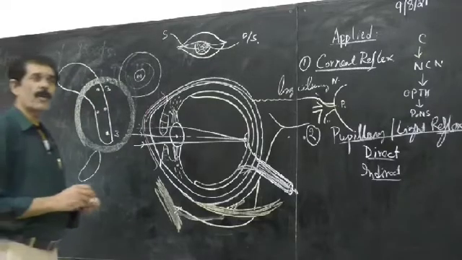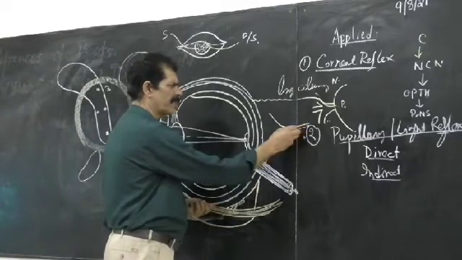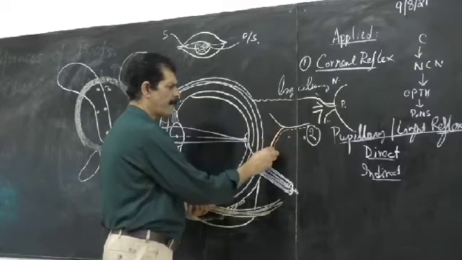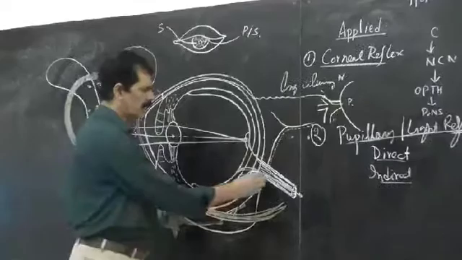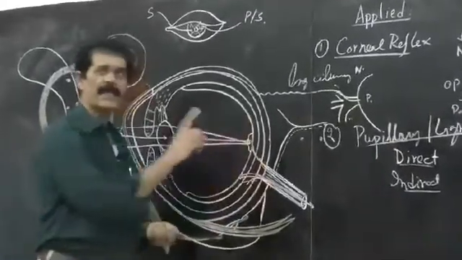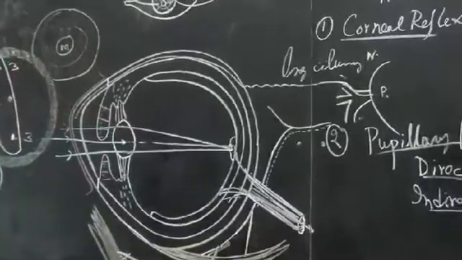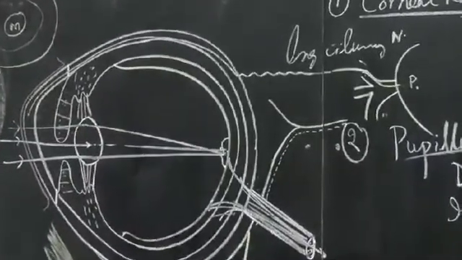So now this oculomotor nerve carries the preganglionic parasympathetic fibers already requested by them, so it has brought them, to supply the ciliaris muscle and circular muscles of the iris.